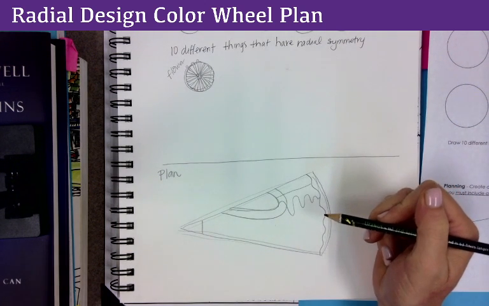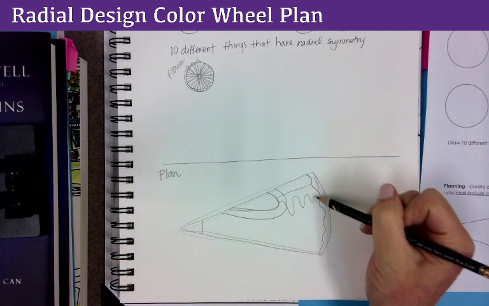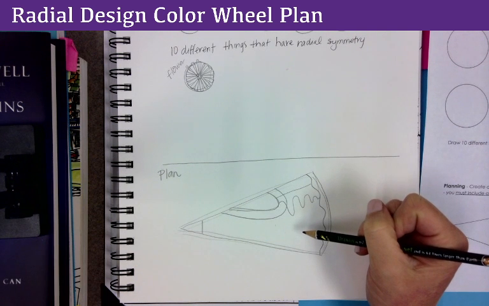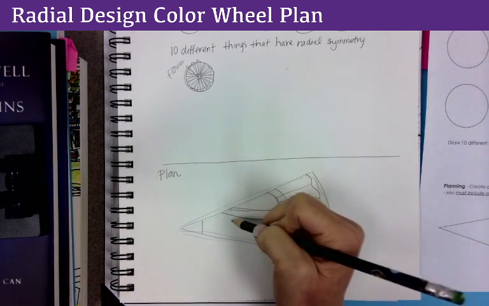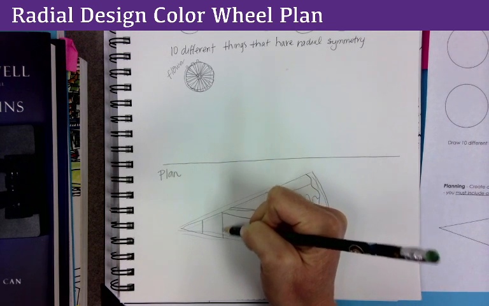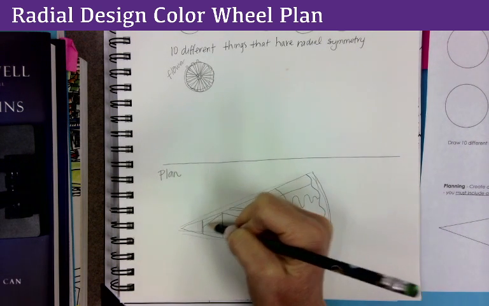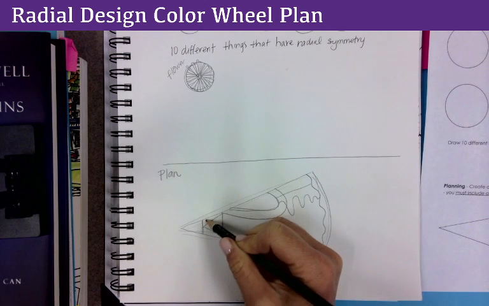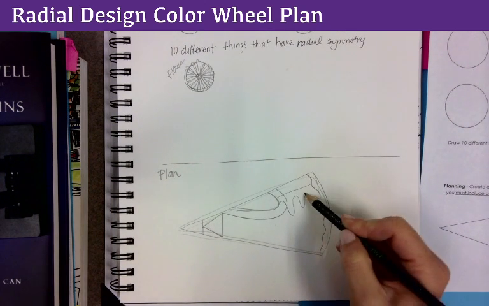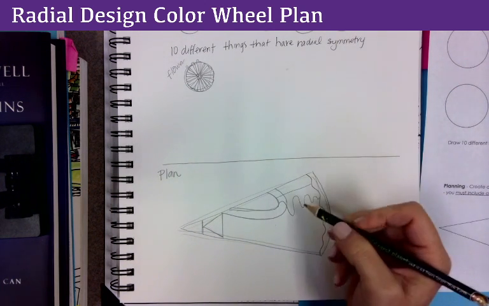One thing I want you to think about is, are these shapes and spaces you would feel comfortable coloring inside of or painting inside of? 1, 2, 3, 4, 5, 6, 7, 8, 9, 10. Getting there.